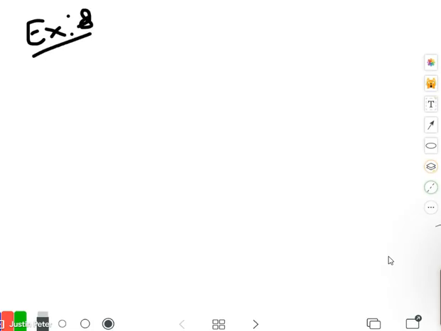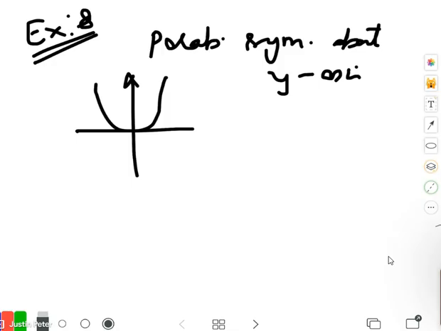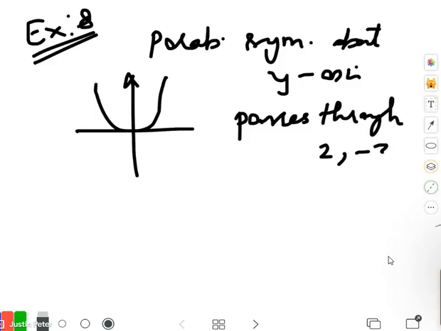Find the equation of the parabola which is symmetric about the y-axis and passes through the point 2 comma negative 3.